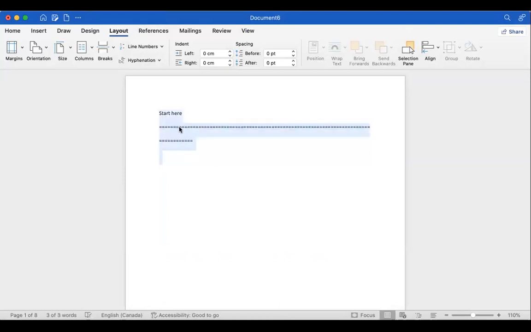Because I had highlighted this, it's already double space. So anything that I do will be double space automatically. Like right now, it is single space, because I entered wrongly.